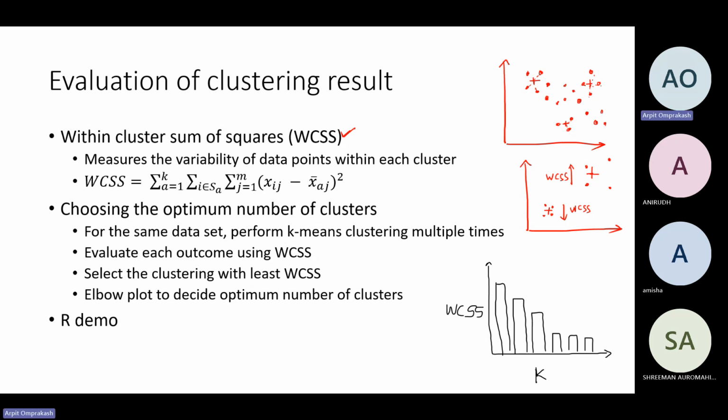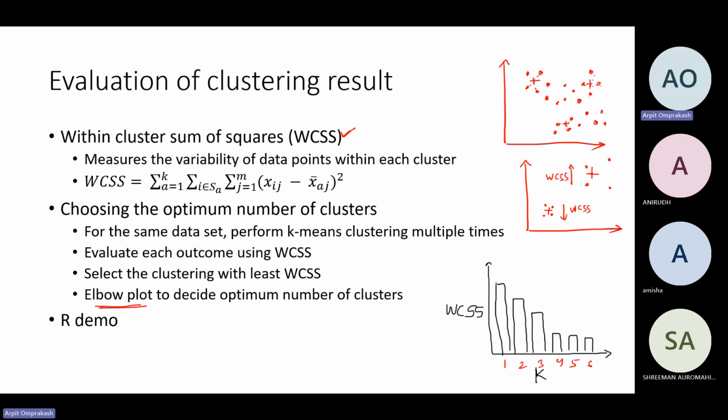It's slightly more complicated and we don't know exactly how many clusters are here. So what we do is try out different values of K, different numbers of clusters, and then we calculate the within cluster sum of squares for each of the runs of the model for each value of K. Let's say 1, 2, 3, 4, 5, 6. We test it, we get the value of this within cluster sum of squares, we plot it. And this plot is called an elbow plot.